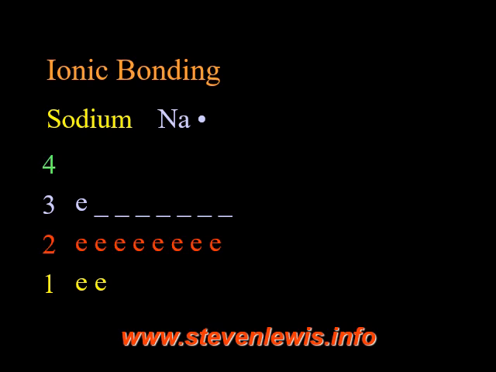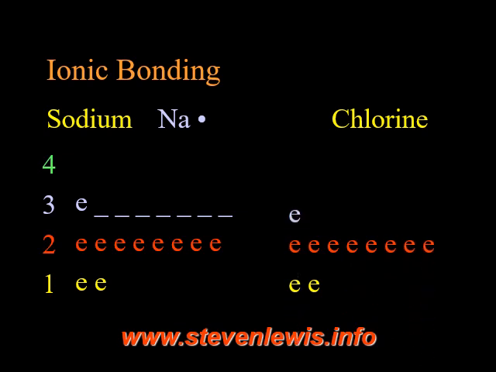Let's bring on chlorine to see if we can solve sodium's problem. Chlorine is element number 17, so its electronic arrangement is 2, 8, and 7. Chlorine needs to pick up 1 electron to fill its outer shell, whereas sodium needs to pick up 7.